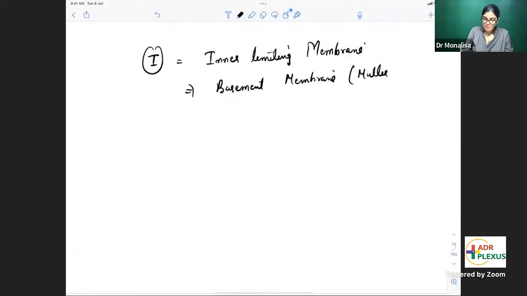Muller cells are the supporting cells for the retinal cells, supporting cells for the nerves of the retina. So it is an expanded form of the Muller cells. Internal limiting membrane. The second layer is the nerve fiber layer.